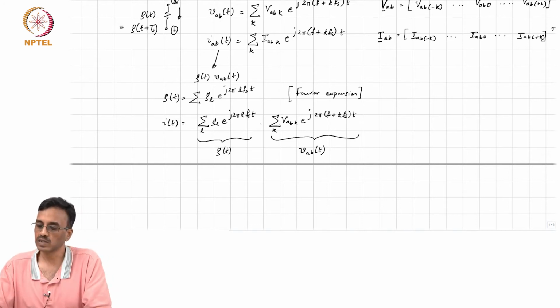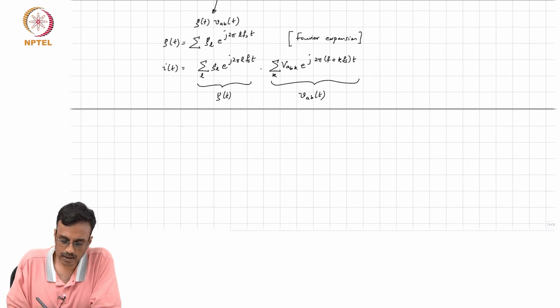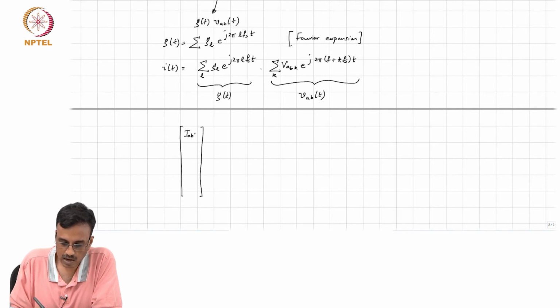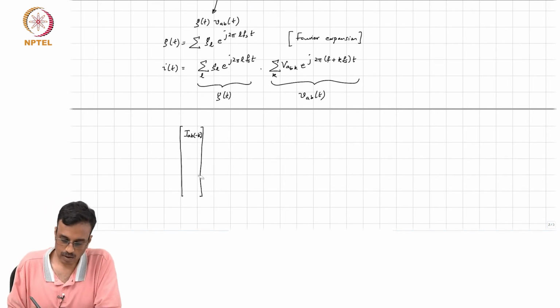Now, we are trying to relate the current phasor, which is IAB of minus capital K, all the way.